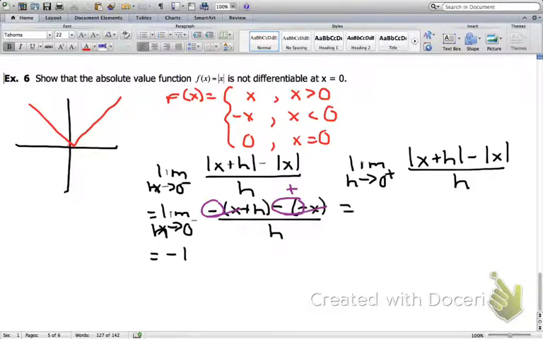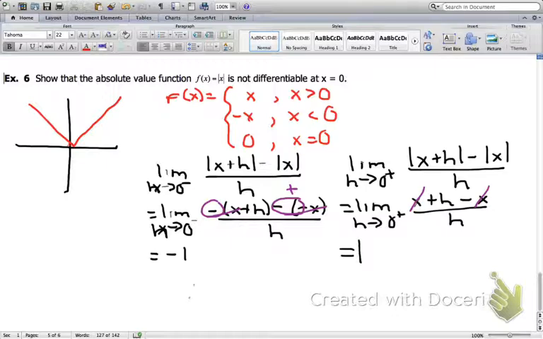When we're looking at it from the positive side, when x is greater than 0, we are going to be dealing with positives. So we just have x plus h minus x, all over h. Now you can see our x's are going to cancel out, and what we're left with is h over h. When we evaluate that, that is just going to be equal to 1.